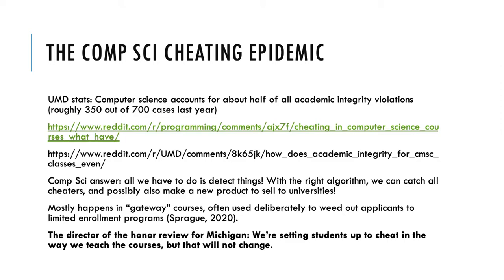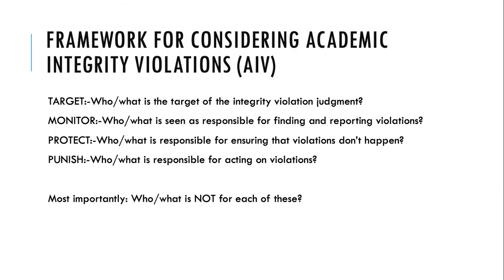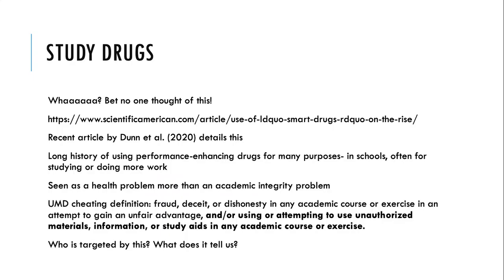Once again, consider the four areas right there. Who's targeted when we talk about, oh, there's all this cheating in computer science? Who's supposed to be monitoring for violations there? Who's supposed to be protecting and ensuring that they don't happen? In this case, are they trying to ensure that they don't happen, or is it in fact the opposite? And finally, who's responsible for punishing or acting on the violations?